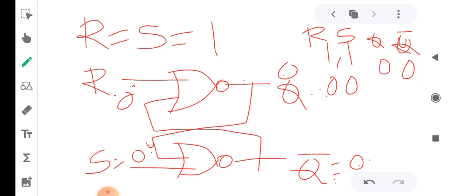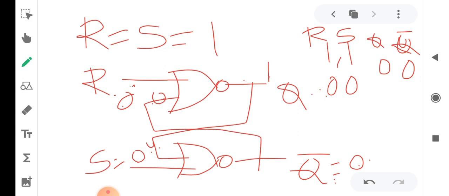See here, 0 is being fed here. So 0 plus 0, 0. 0 complement, it becomes 1 here. So 1 plus 0, that is 1. 1 complement, it becomes 0 here.